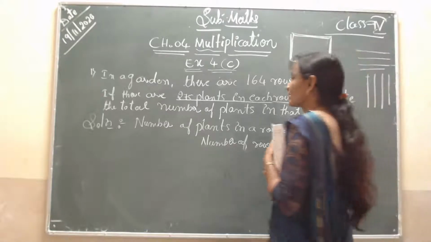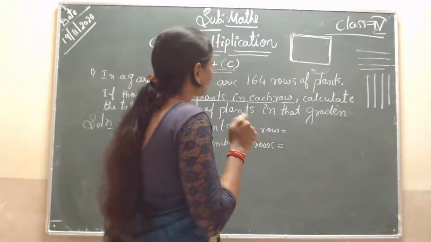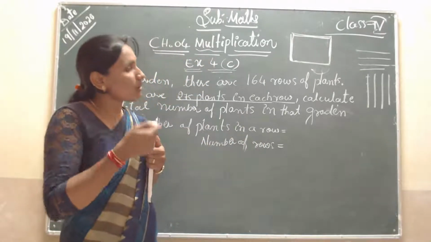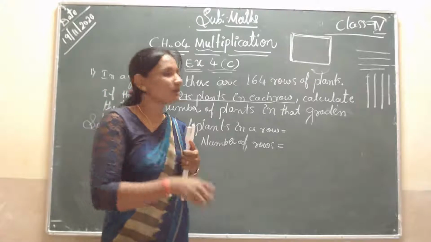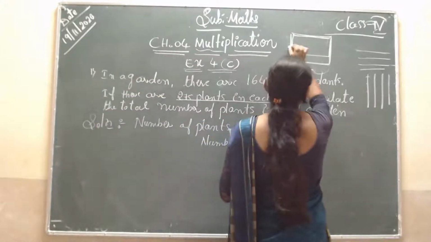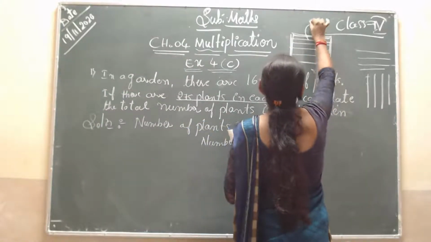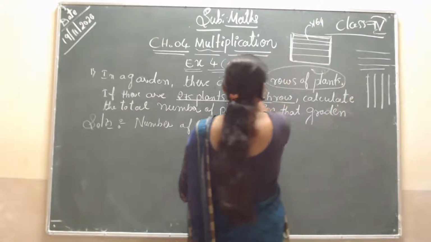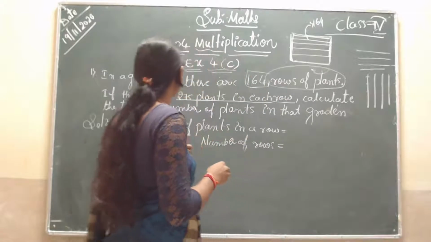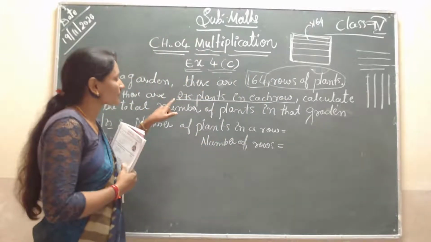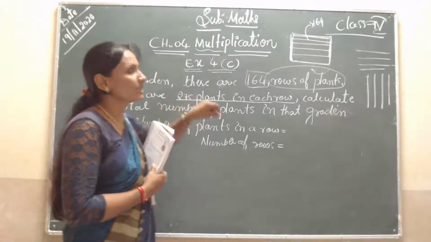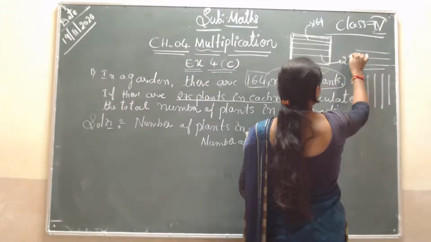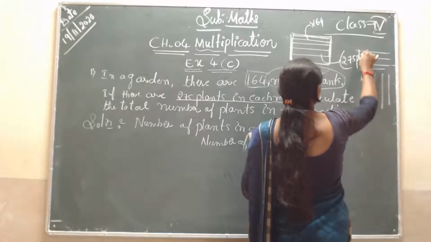In the garden there are 164 rows of plants. Total rows, 164. Next question: if there are 275 plants in each row, how many plants in each row? 275 plants.